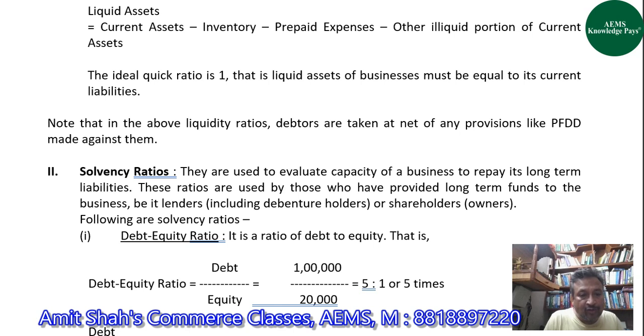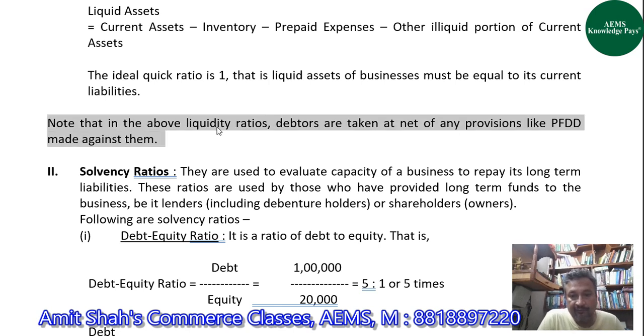You also add this, guys, in your notebooks. Net off means after subtracting these provisions, we take debtors in our calculations.